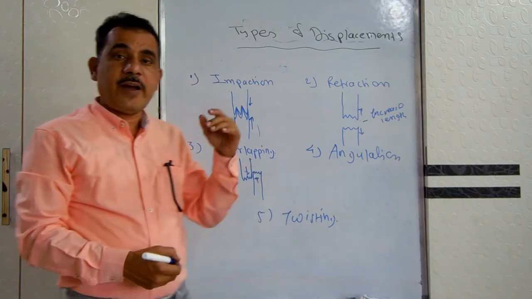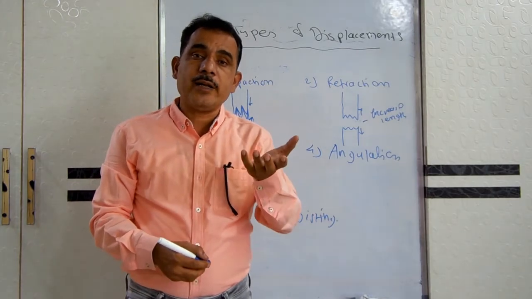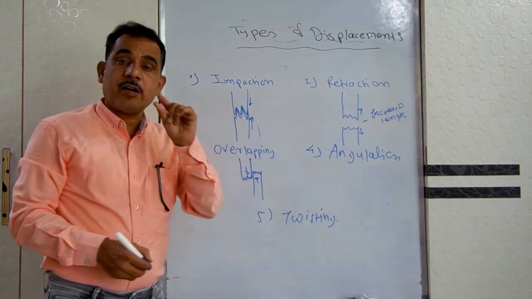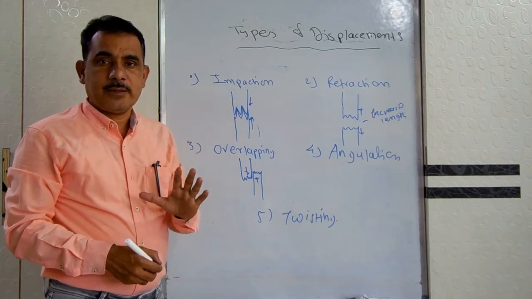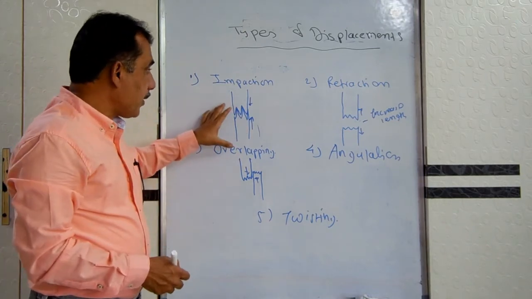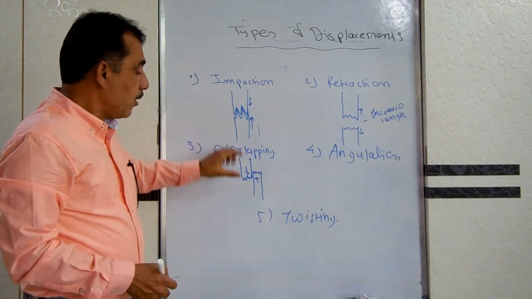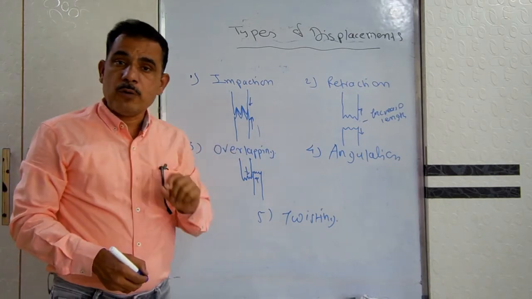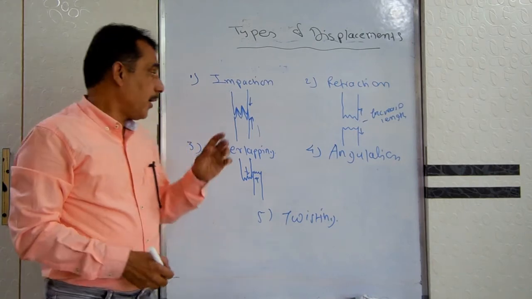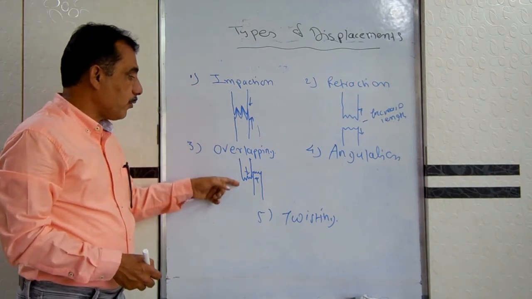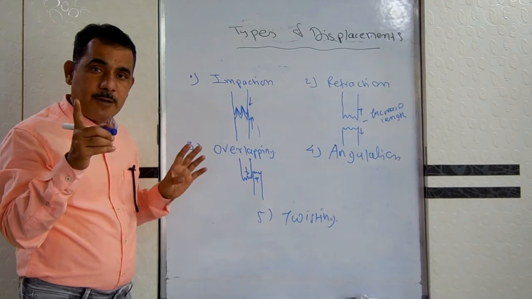How will we identify or diagnose it clinically? Here there is first shortening of the part, isn't it? But as compared to impaction, here movements are painful and restricted. How will you differentiate impaction from overlap? Because in both there is shortening of the part.